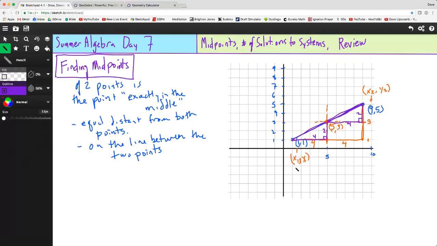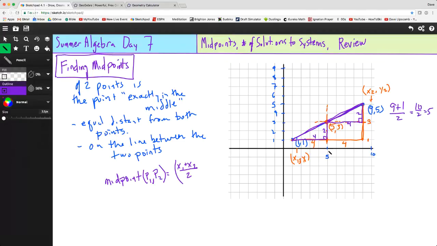You basically take the average of your x coordinates, and that's going to be the x coordinate of your midpoint. The midpoint of point 1 and point 2 is equal to the average of your x coordinates. You just add the two together, 9 plus 1 over 2. 9 plus 1 over 2 is equal to 10 over 2, which is 5.